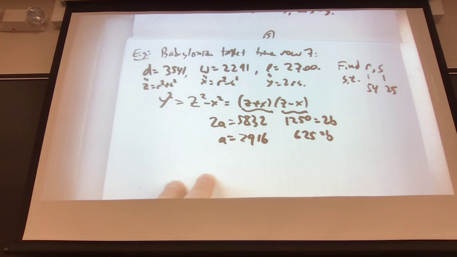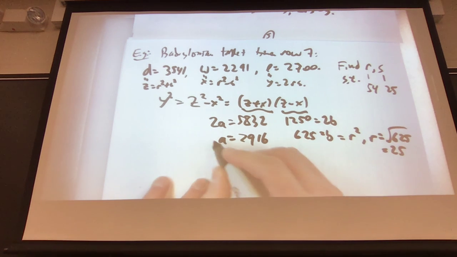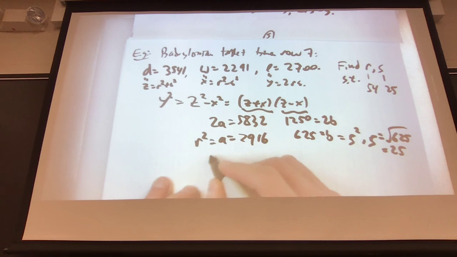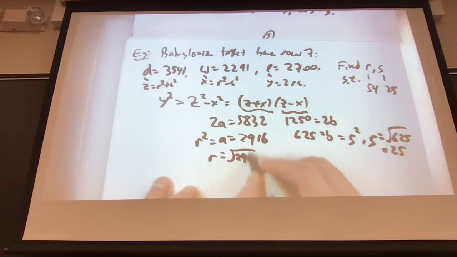And both of those numbers are supposed to be perfect squares. So you don't have to guess, you just literally hit it with the square root button. So what's the square root of 625? Square root of 625, well, I told you already, 25. Oh, sorry, that's s. And this is r squared. So r is the square root of 2916, which apparently is 54.